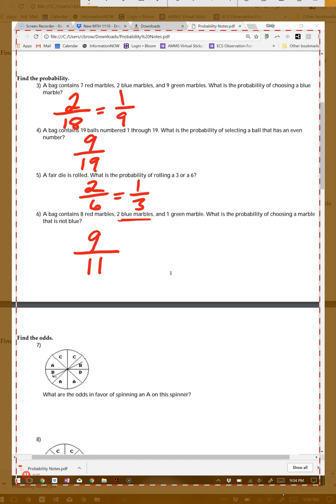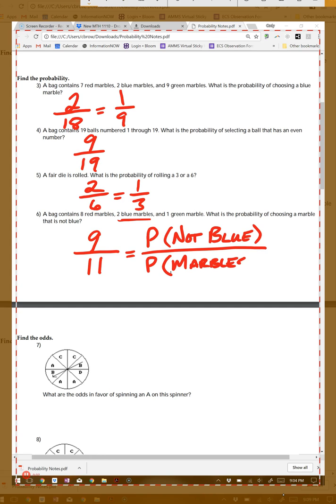Okay, now I do want to show some notation just in case you see it in my math lab. Maybe the big P of, like I said, notation of the P and in parentheses not blue over the total number of possibilities.